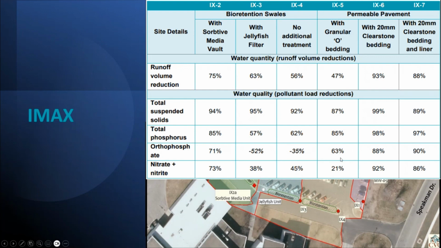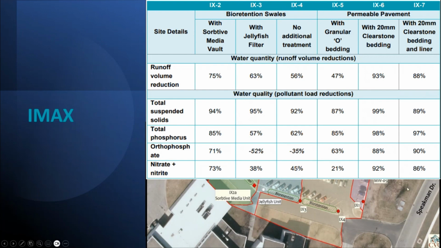That's likely because it is a vegetated system and there can be higher levels of phosphorus kept within the sorptive media itself, or it can leach out depending on the different type of sorptive media you use within the practice. Whereas the permeable pavement showed a reduction for orthophosphate, and for nitrate plus nitrite there were high levels of reduction, especially within permeable pavements with that clearstone bedding below.